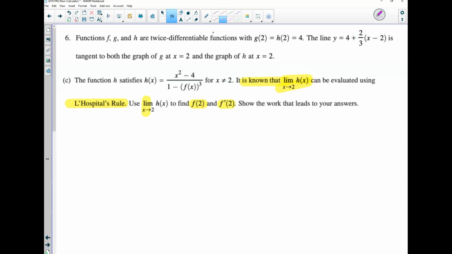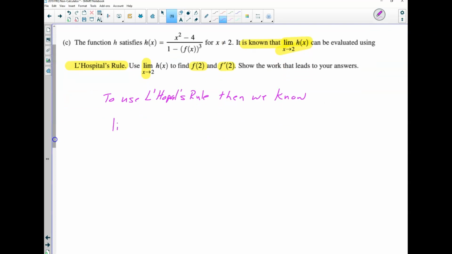I said, well, to use L'Hopital's rule, we know that the limit as x approaches 2 of h of x has to equal 0 over 0.